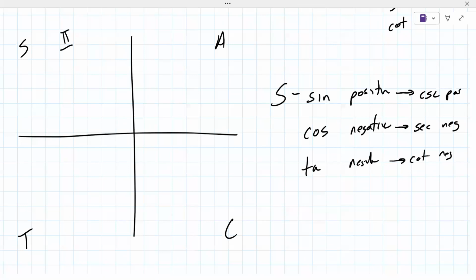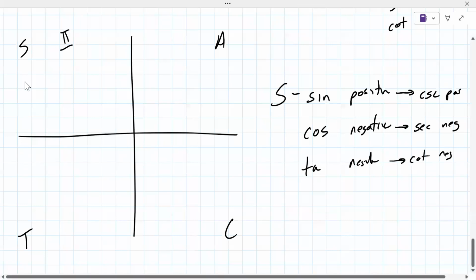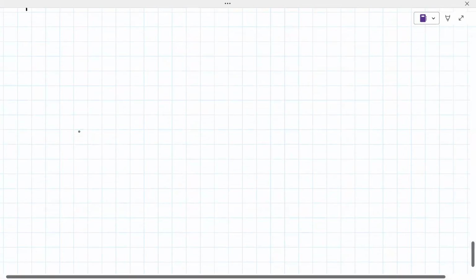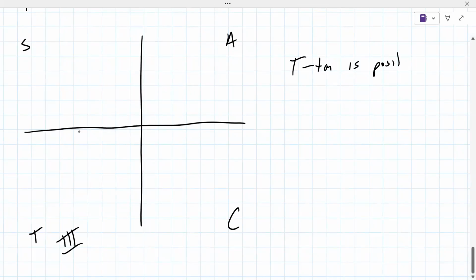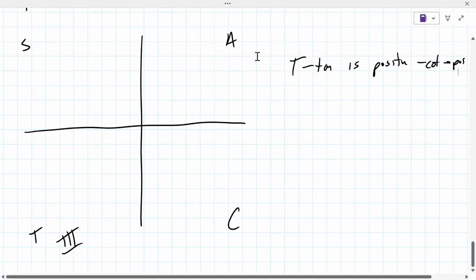And you've not seen this yet in class? No. Okay, this is a good thing. I like giving you new information. So the third quadrant here, T stands for tangent. Tangent is positive, which means that cotangent is also positive because cotangent is the reciprocal of tangent. But the A, the S, the T and the C refer to sine, tangent, and cosine. They don't refer to the other ones, just sine, tangent, cosine.